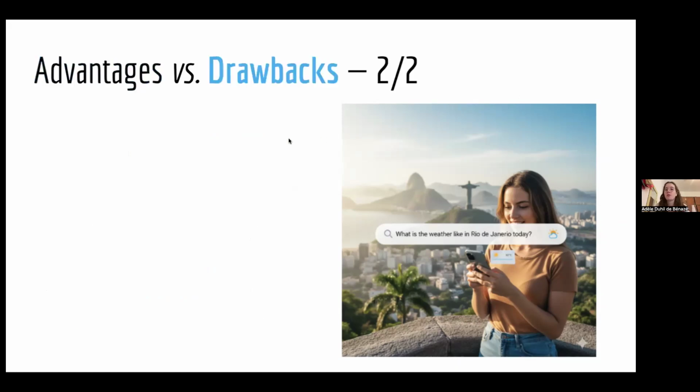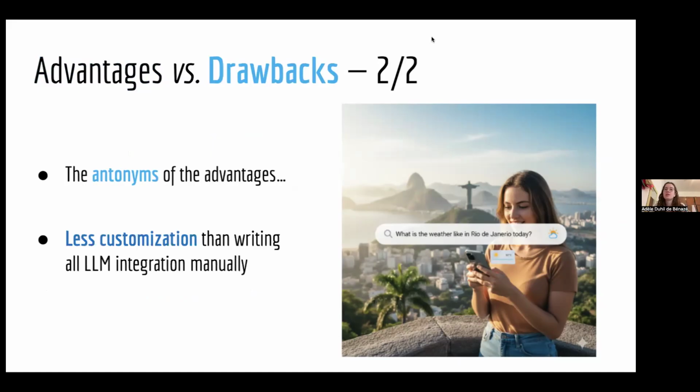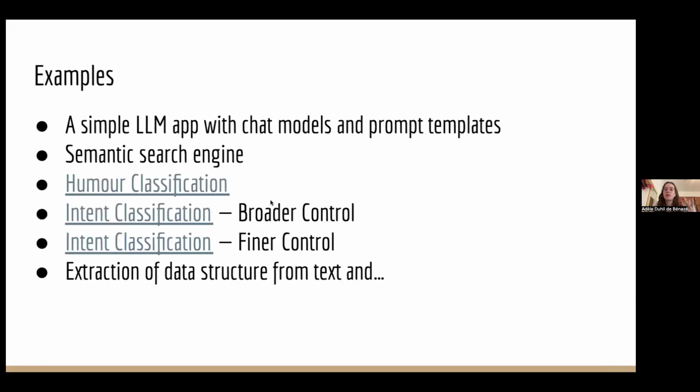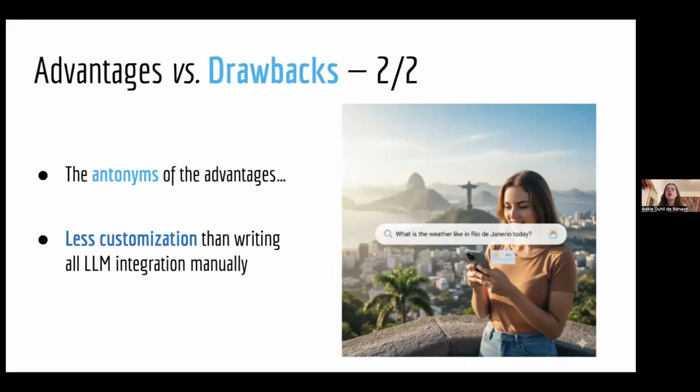But there are a few drawbacks because Langchain abstracts very often, and sometimes developers say that they can't customize the pipeline as much as they want to. And because Langchain can seem abstract, it sometimes becomes more difficult for the developer to debug when there are bugs.